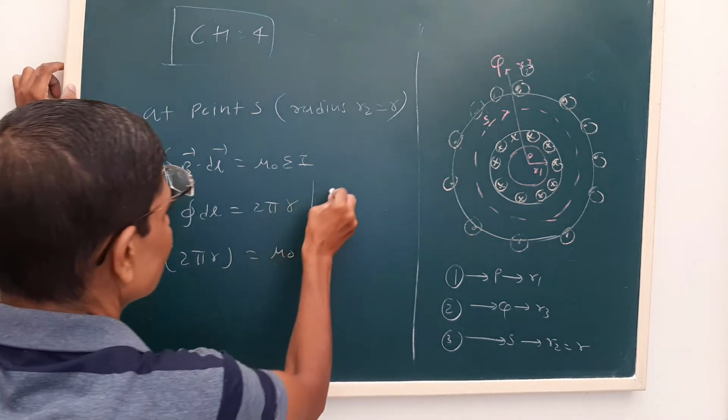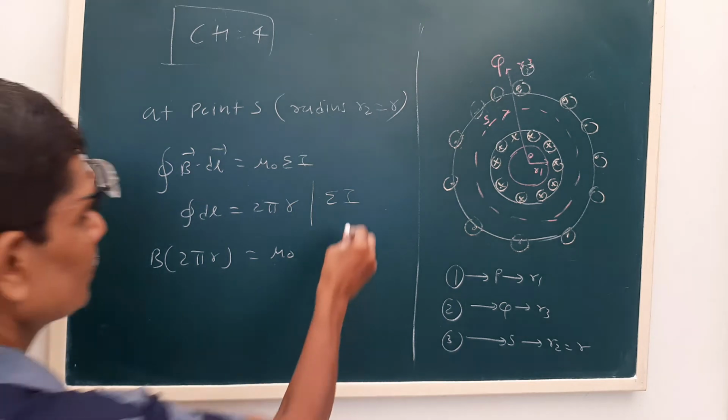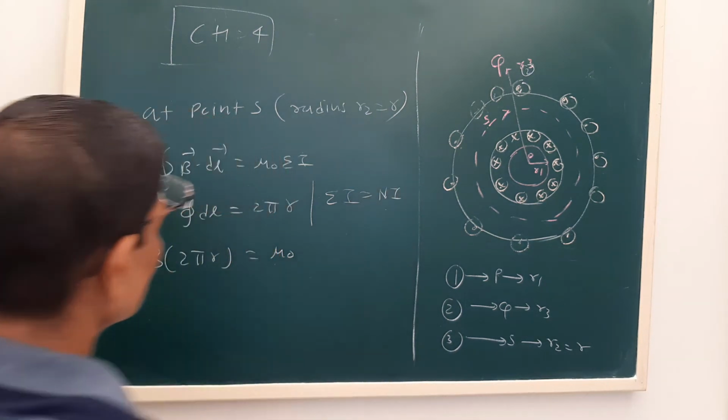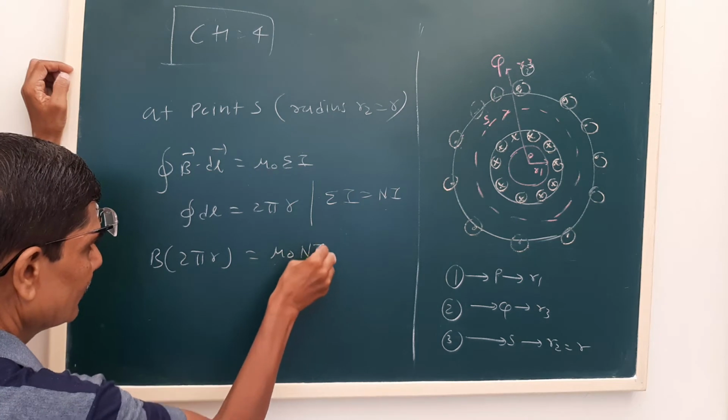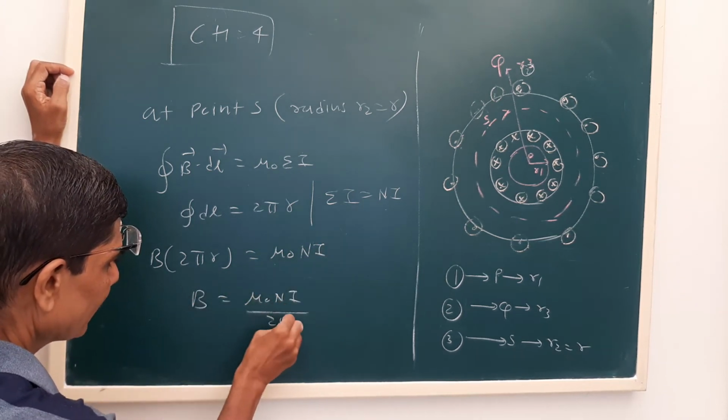Now sigma I: N number of turns are there and the current flowing is I, so the total current will be NI. So the right hand side will become NI. So we can write B is equal to mu 0 NI upon 2 pi R.